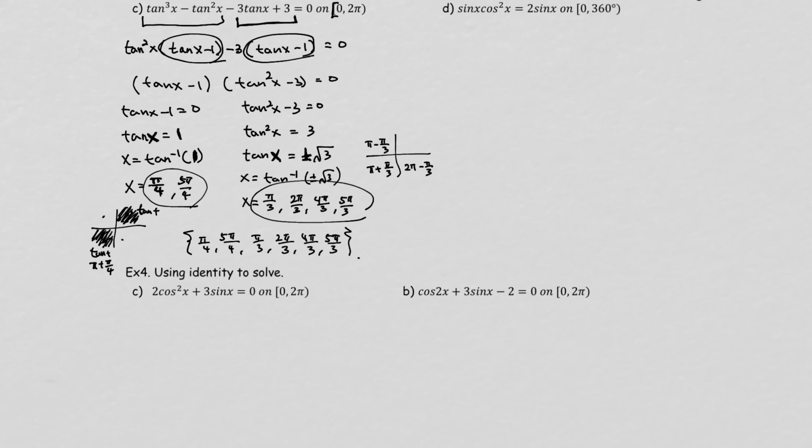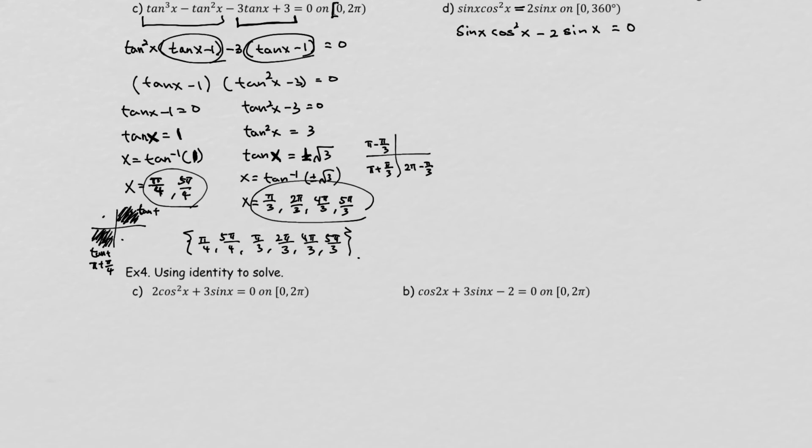And if we're looking at the next one, this problem, you want to start by putting everything on one side of the equation. So once you factor it, you will have factor equals 0. It means you're going to subtract both sides by 2 sine x.